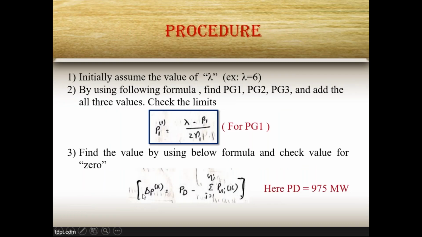So just follow these rules. This is the procedure to solve the problem. Just note it down roughly.